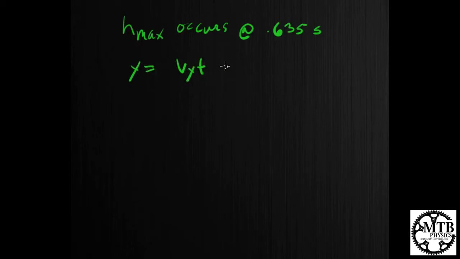All right, our maximum height will occur at half the hang time. So our hang time was 1.27 seconds, so half of that is 0.635 seconds. So y equals velocity in the y direction times time minus 1/2 acceleration due to gravity times time squared.